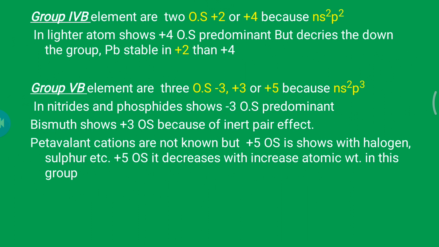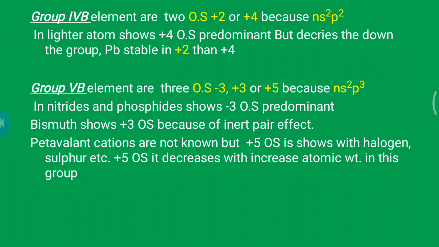Nitrides and phosphides show the -3 oxidation state predominantly because if they gain 3 electrons they achieve a stable, complete octet, so they gain electrons and form stable compounds. But bismuth shows a +3 oxidation state because of the inert pair effect.